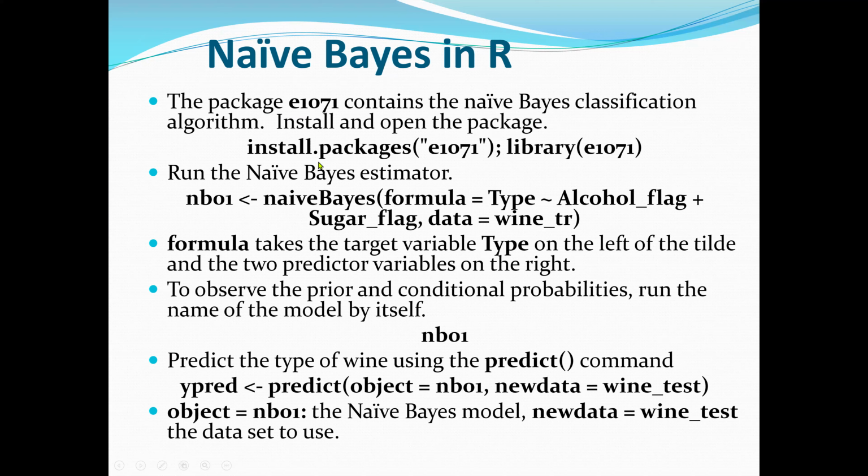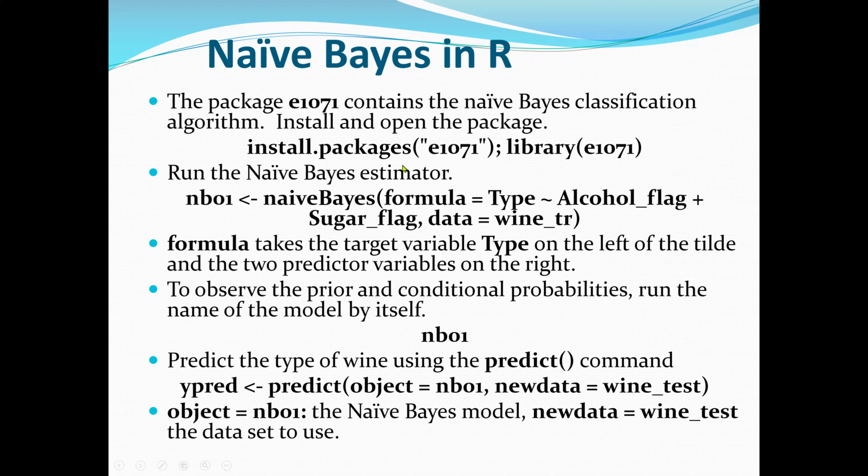First we need to install the e1071, then we want to use it, so we use library(e1071). As we said earlier, the whole concept is to know the package names.